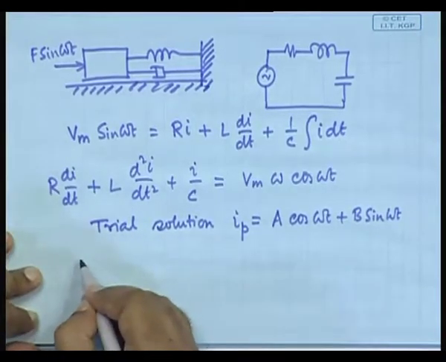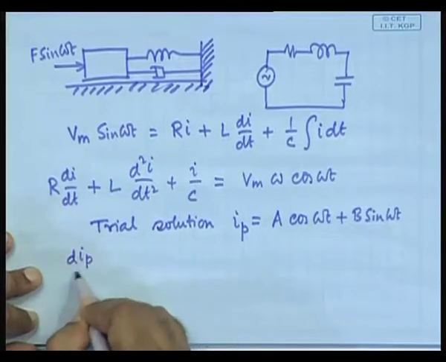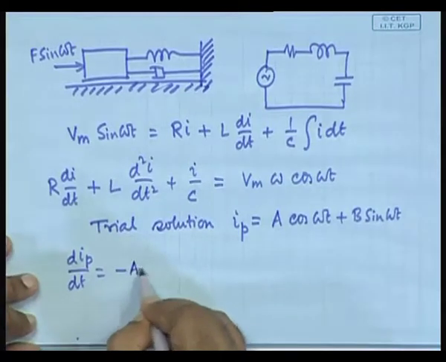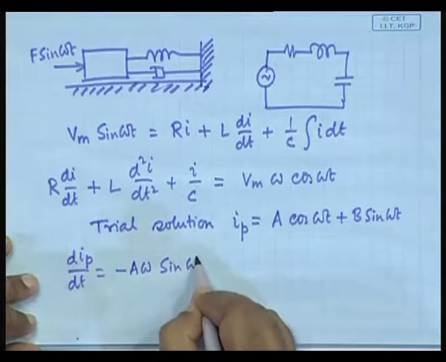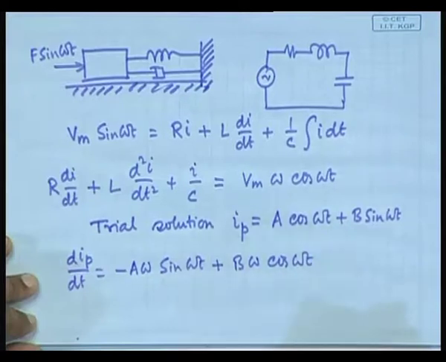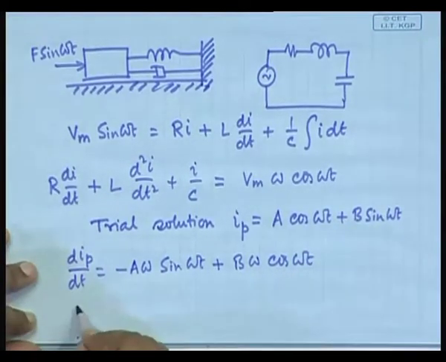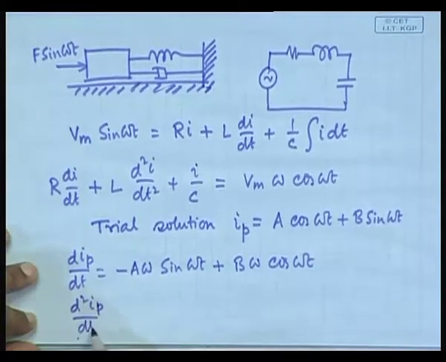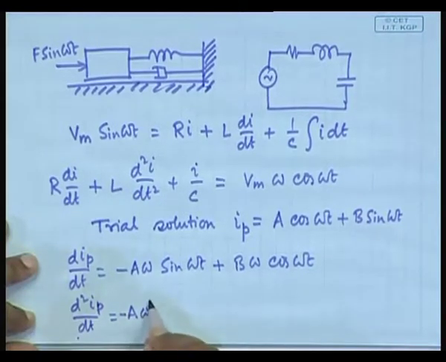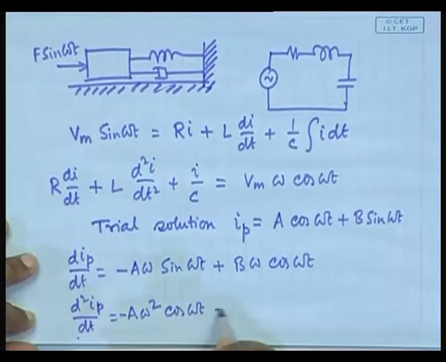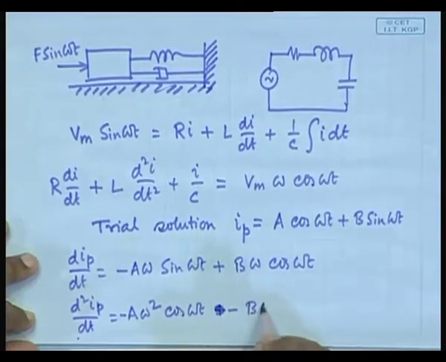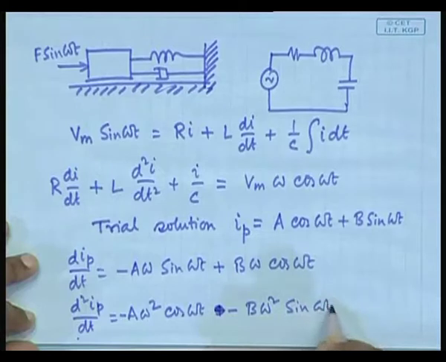So, your dIp/dt is minus A omega sin omega t plus B omega cos omega t, and d2Ip/dt2 is equal to minus A omega square cos omega t minus B omega square sin omega t.